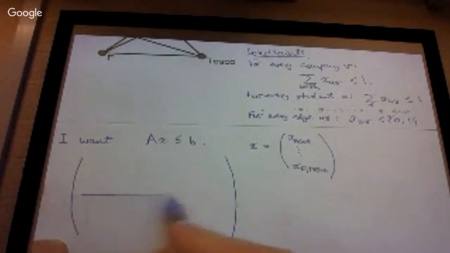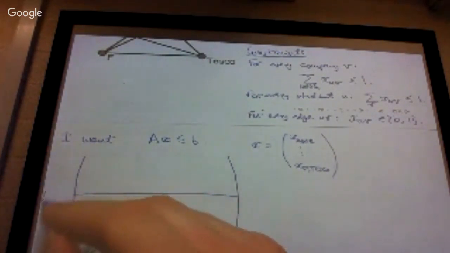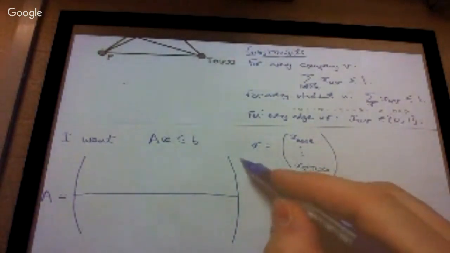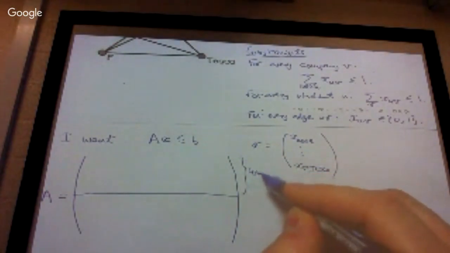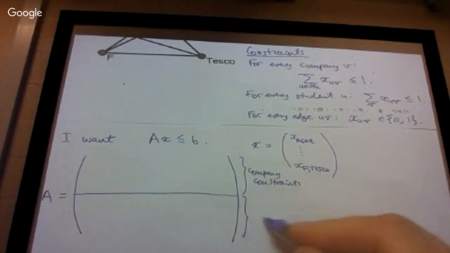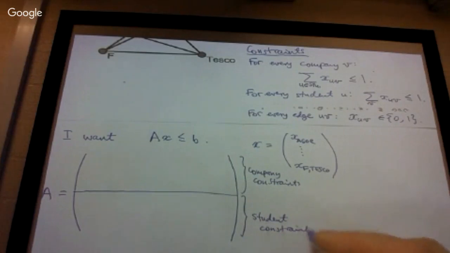We have two parts of the matrix A. In the top part, those are the company constraints, and the bottom part is the student constraints, just like we did above.